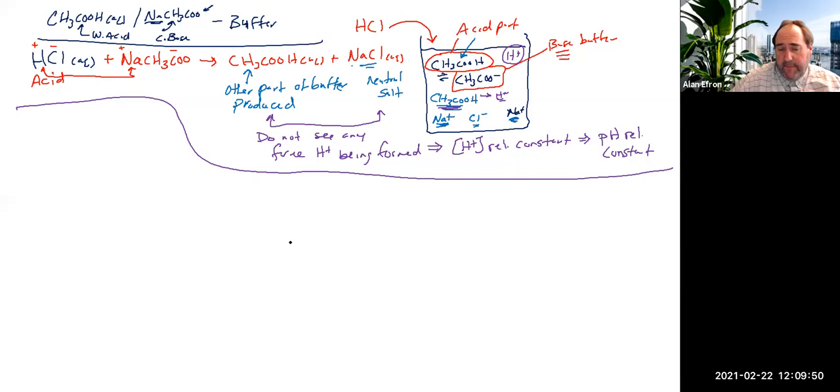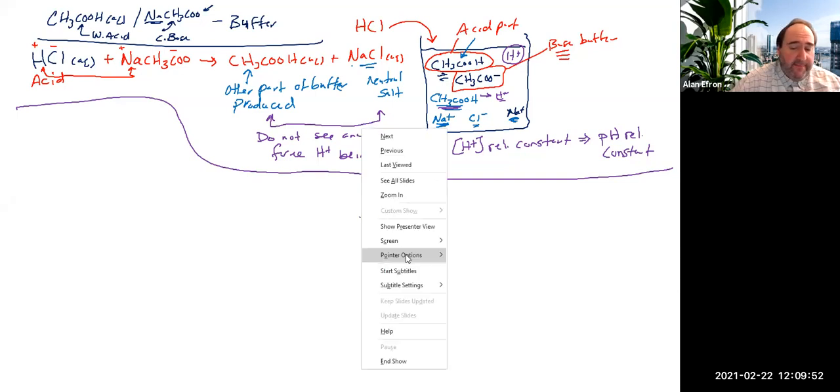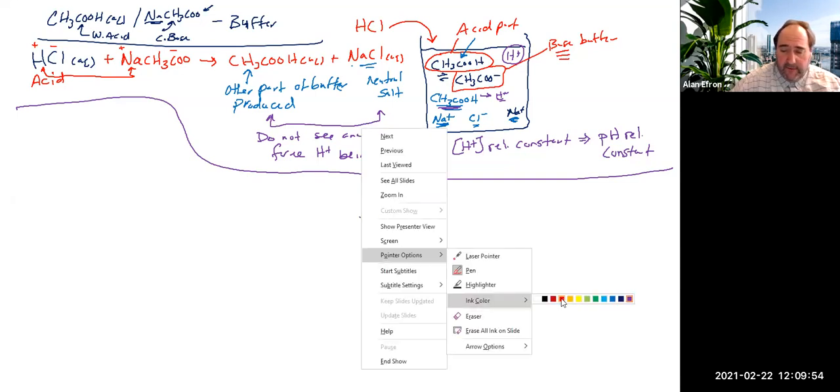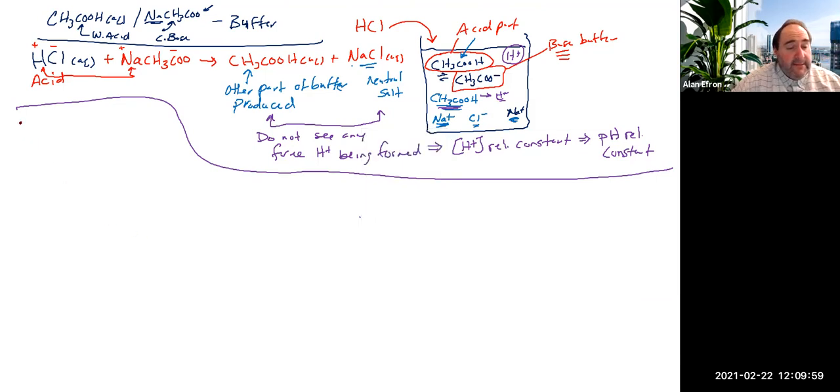So let's talk about what happens when we add a base to a buffer. We'll use the same buffer here, with our same acetic acid and our sodium acetate. This is our acid part of the buffer, and this is our base part of the buffer.